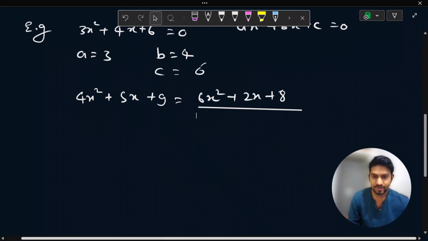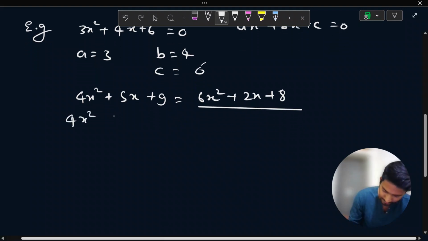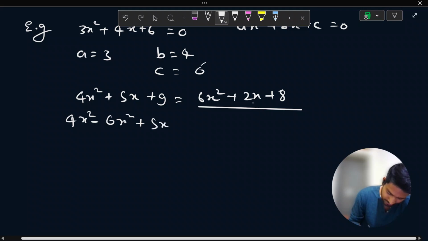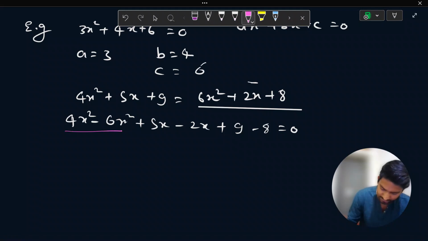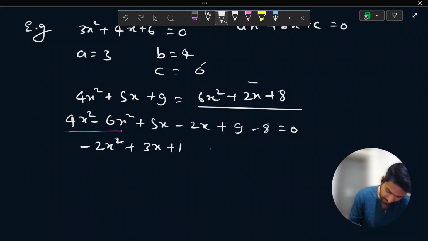So 4x square, bring the 6x square to the left hand side, so minus 6x square, plus 5x, bring the 2x, minus 2x, plus 9 minus 8 is equal to 0. 4x square minus 6x square becomes minus 2x square. 5x minus 2x becomes 3x. 9 minus 8 becomes 1, equal to 0.